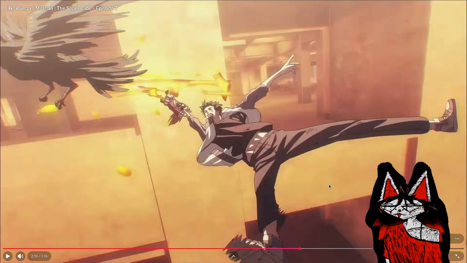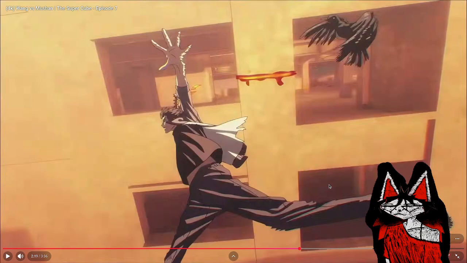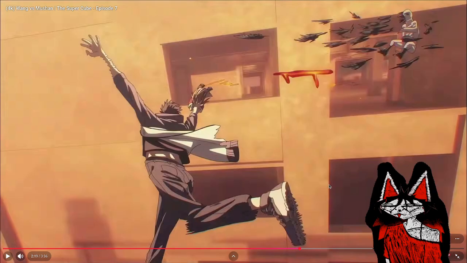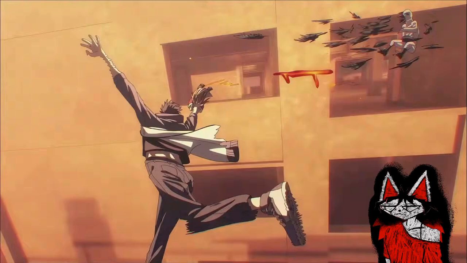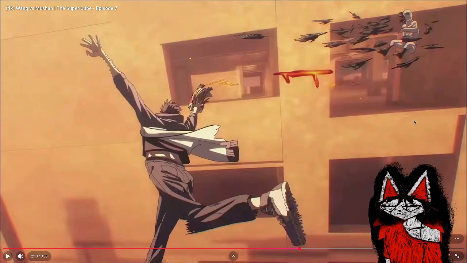Okay, so there's this bird, right? And it's flying here, and he flies under it, and the speed at which he moves makes it so that that bird gets naked. It loses its feathers, dude.